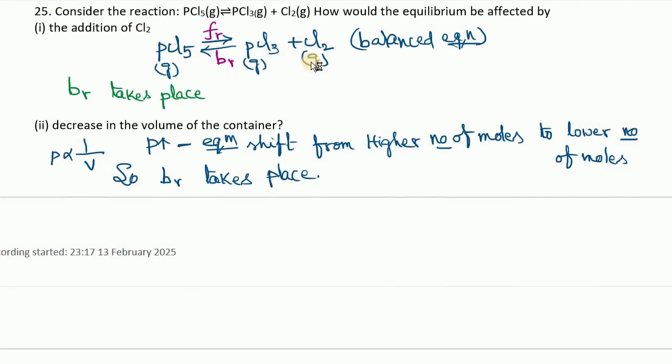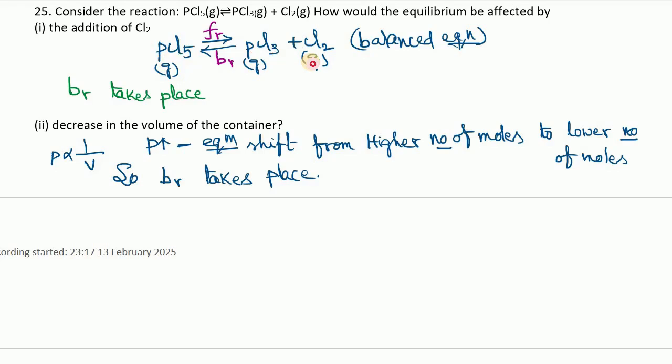Consider the reaction. Look at the reaction here. PCl5 is splitting into PCl3 and Cl2, chlorine gas. All of them are in gaseous state. Whether the reaction is balanced or not, you check here. Yes, it is balanced. 1 mole, 1 mole, and 1 mole. Phosphorus is 1 mole. Chlorine atoms are 5 here, and 3 and 2, they are 5. Right.